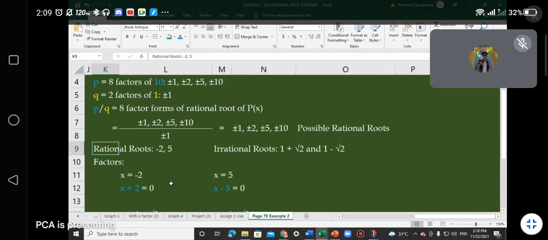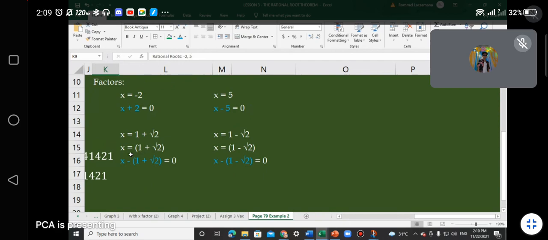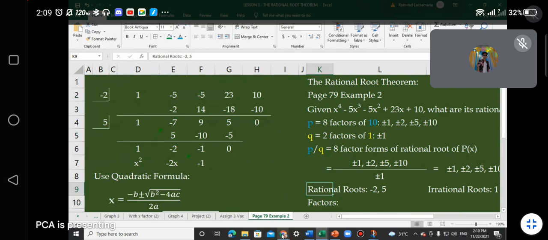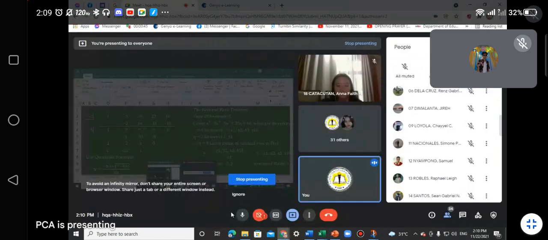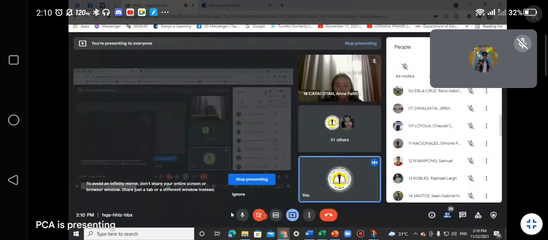You undergo this process: solve for one positive integer, one negative integer, and then you go to your quadratic formula and find out that there is really a root that is 1 plus the square root of 2 and 1 minus the square root of 2. Understood? That's easy.